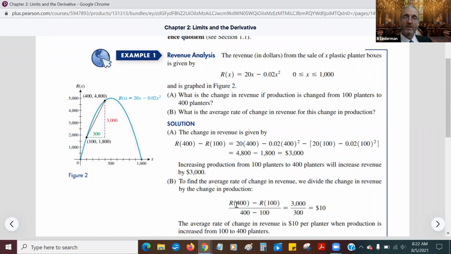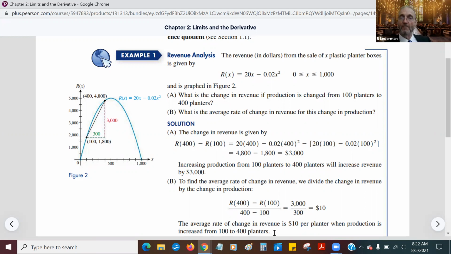So the difference in revenue is R of 400 minus R of 100, and we said that was 3,000, divided by the number of additional units I made, which is 400 minus 100, which is 300. So 3,000 divided by 300 is $10. So the average rate of change in revenue is $10 per planter when production is increased from 100 to 400.